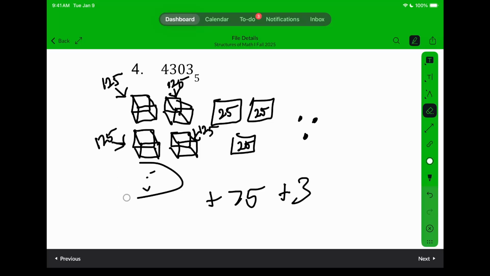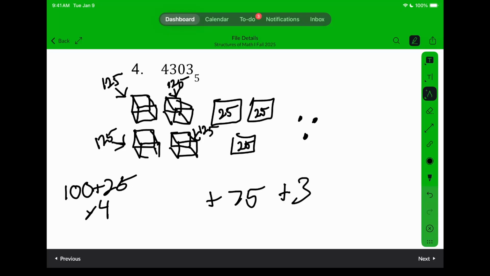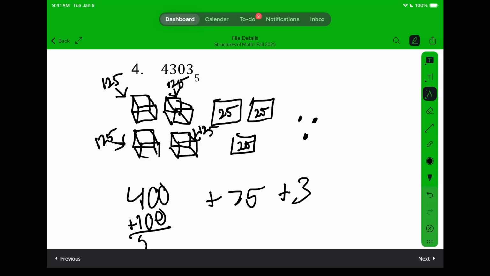And just keep it as 100 plus 25. And there's 4 of them. So 100 times 4 is 400, plus 25 times 4, we already know, is 100.